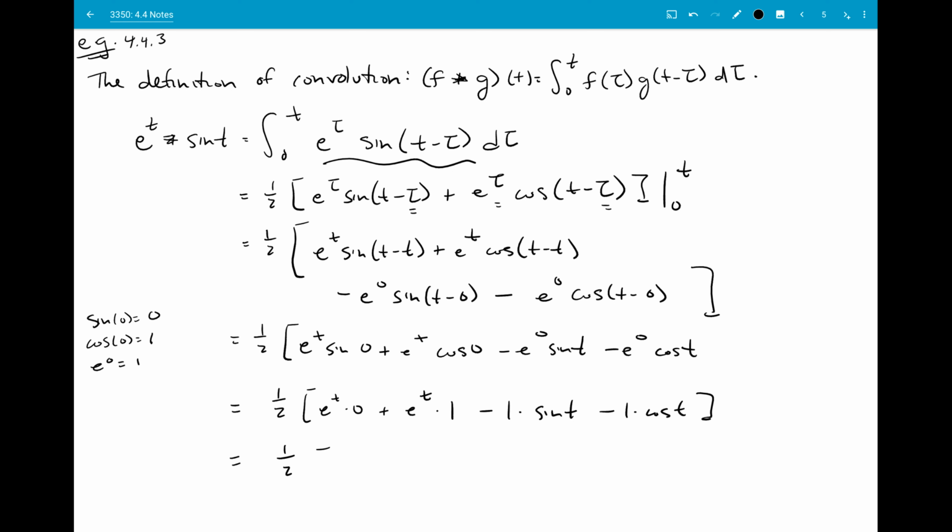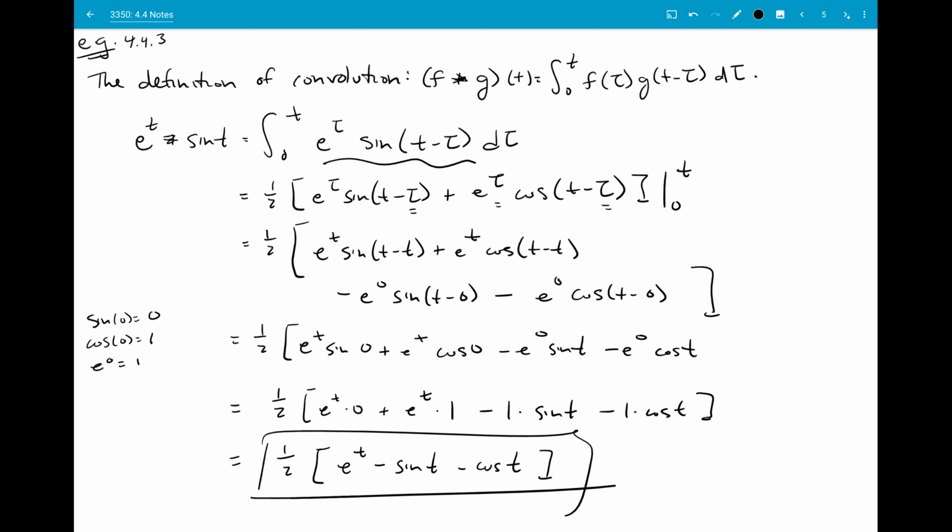So that's just 1/2 e to the t minus sine t minus cosine t. That's the convolution between e to the t and sine t.